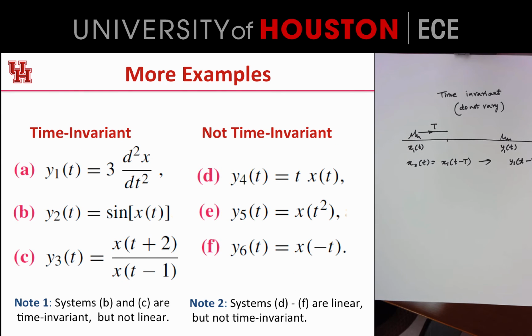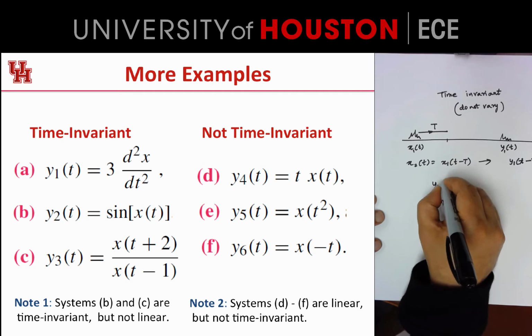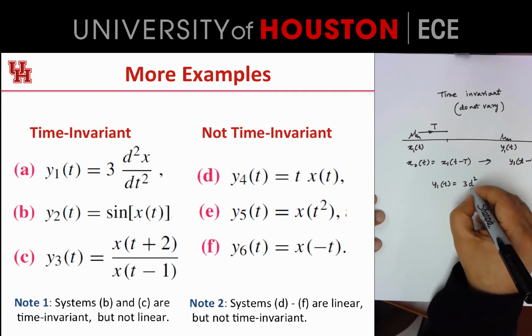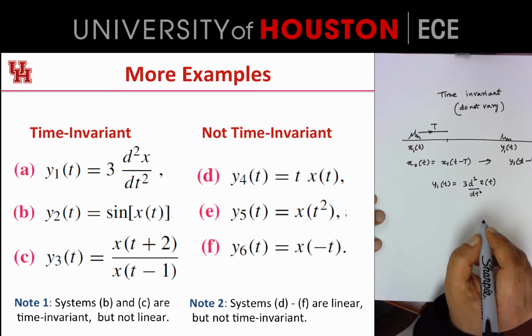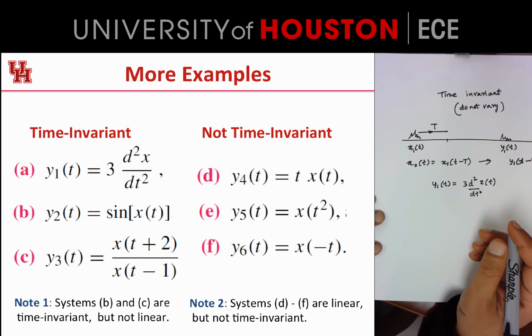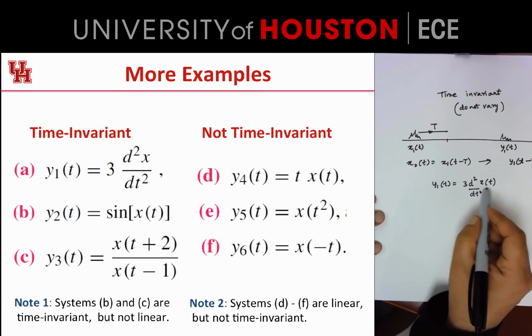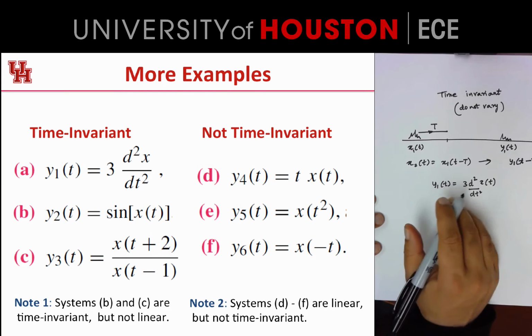Here are some more examples on your left. If I take a system such as y1 of t is 3 times the second derivative of x of t, this system is time invariant because the derivative operation will give the same answer as long as x of t has the same shape. The output waveform will have the same shape.